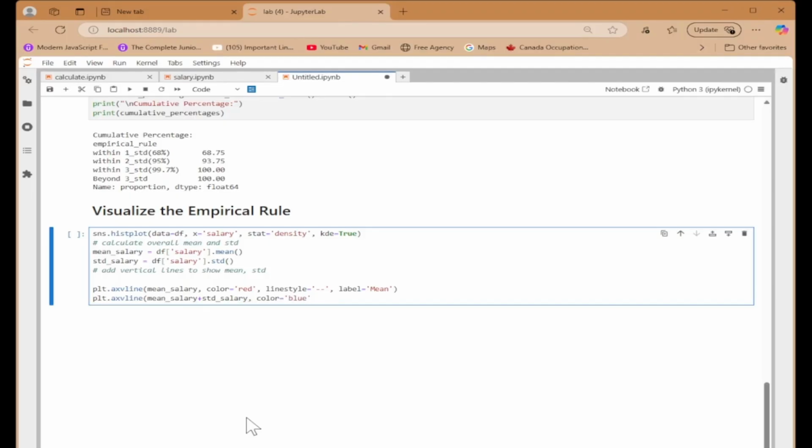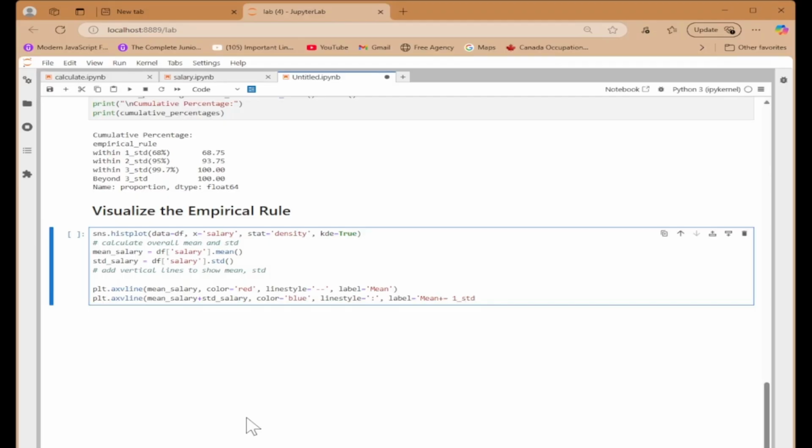We'll make that line blue, and line style will be colon. Label equals, here we're going to write mean plus or minus 1 std.